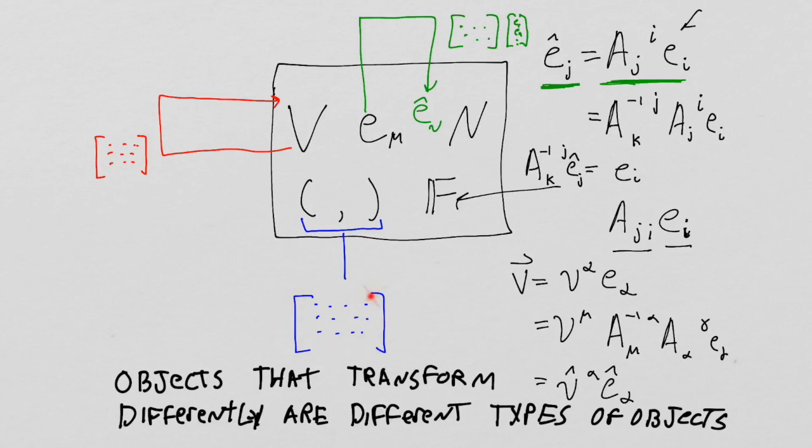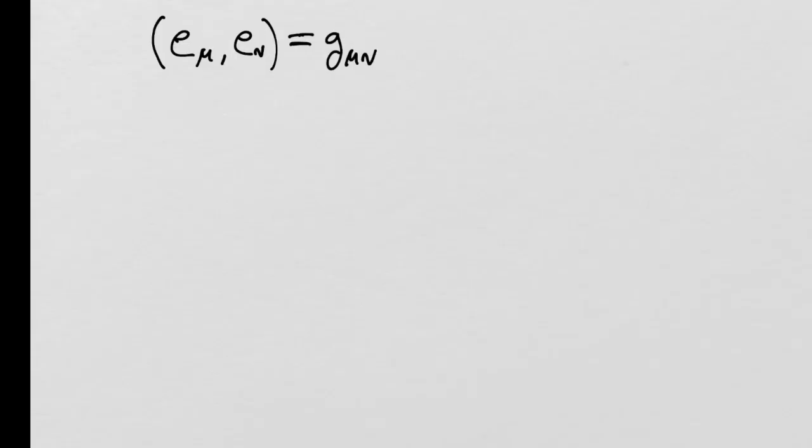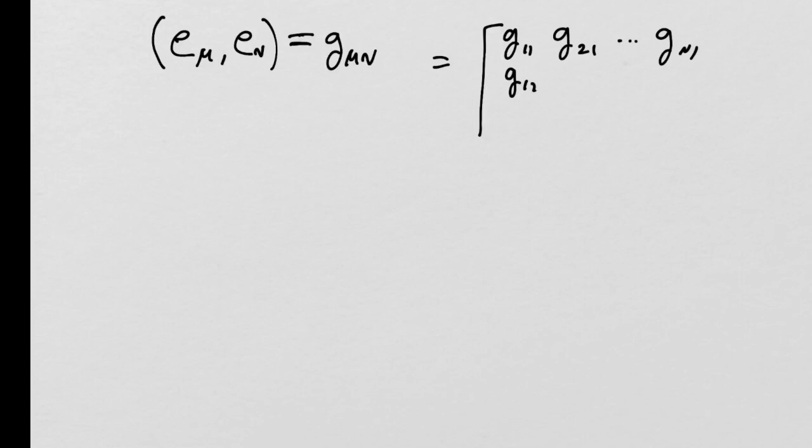Let's first have a little bit of a look at what we mean by a matrix representation of a metric. So this is our definition of the metric matrix elements. And if I chose to write that as literally a matrix, I might come up with G11, G21 to GN1, G12 to G1N, finally ending with GNN.